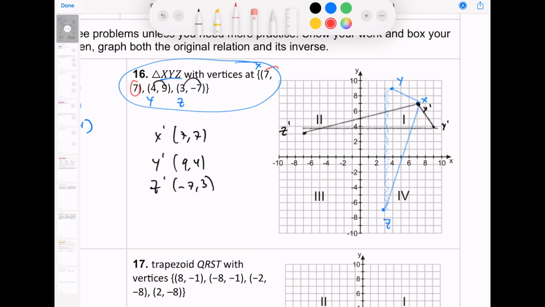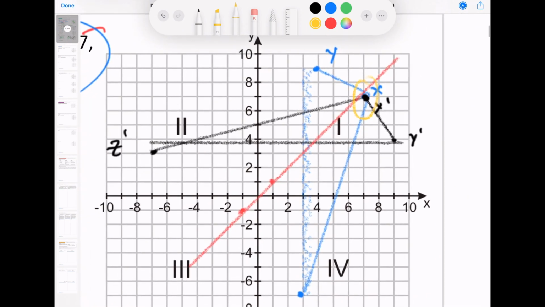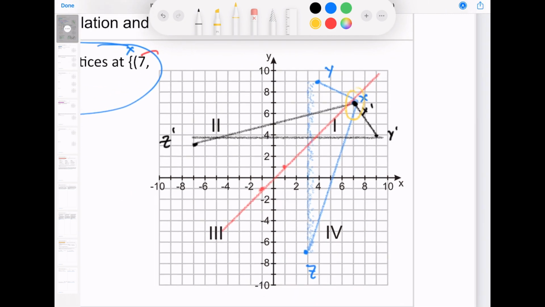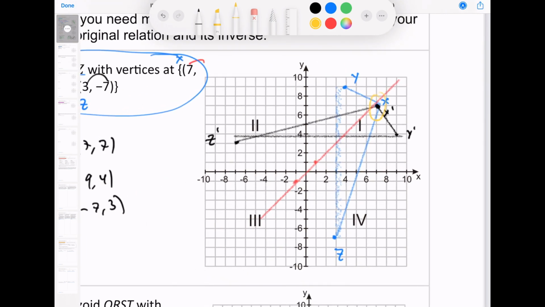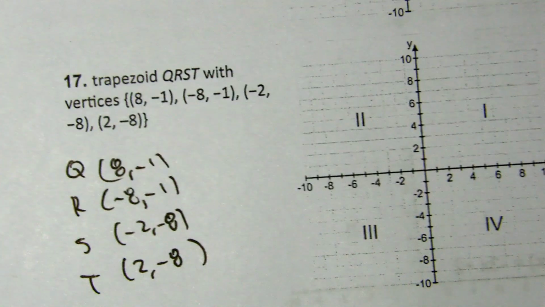And then, of course, it's going over the line y equals x. You might ask, how come the X's stayed? Well, if you notice, it's actually already on the line of reflection. So that's why it stayed.